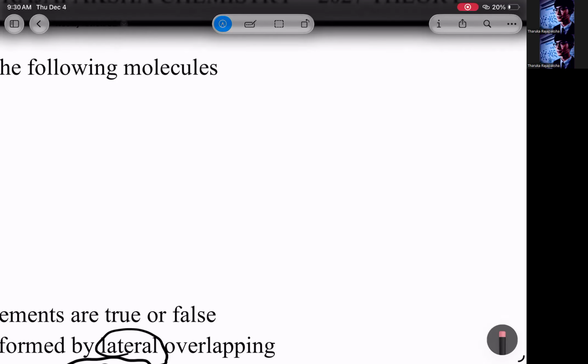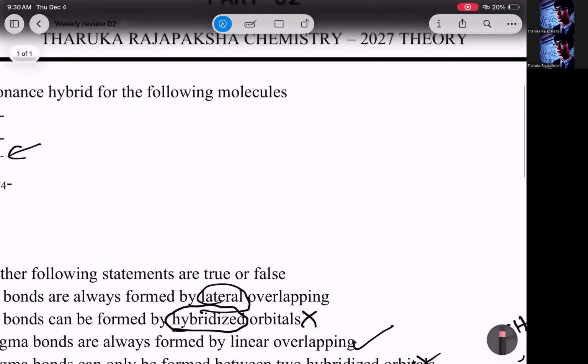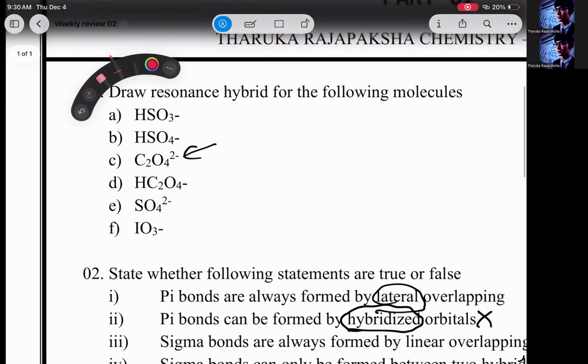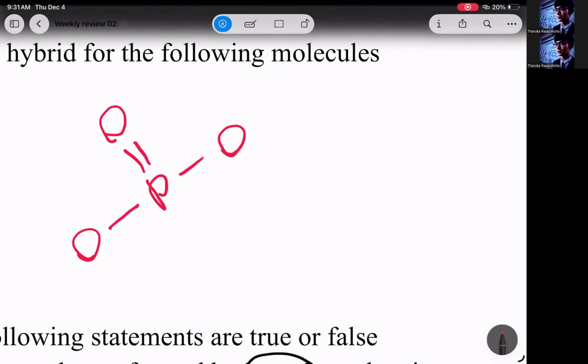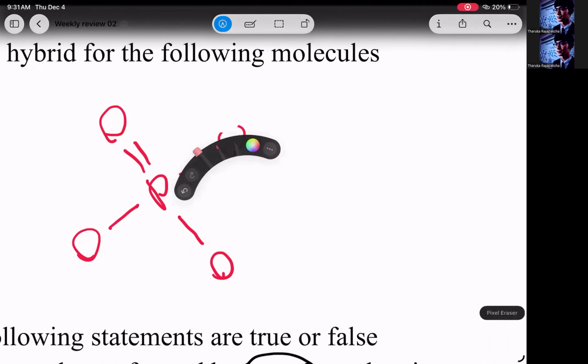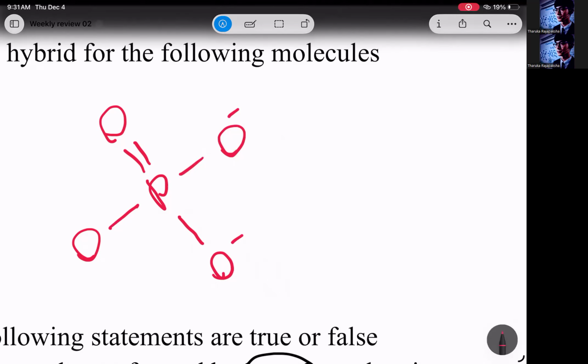Right, homework: HSO3 minus, I drew it here. PO4 3 minus, the phosphate molecule, has a minus 3 charge.